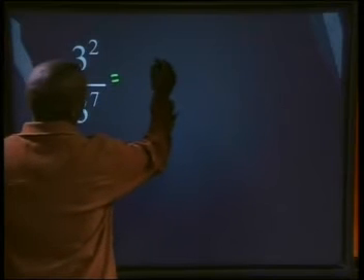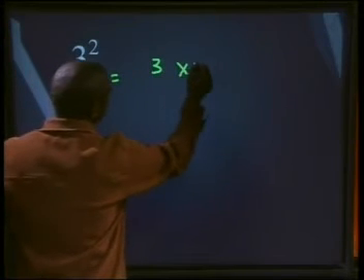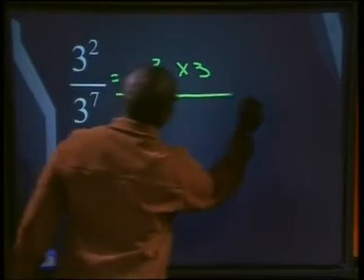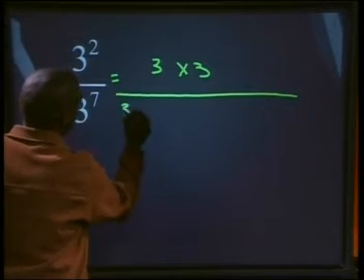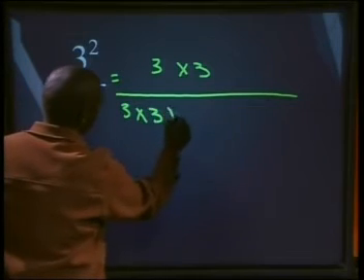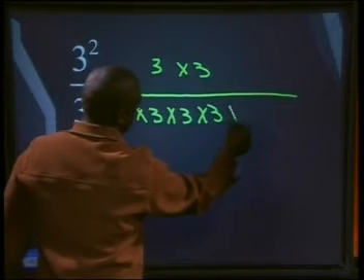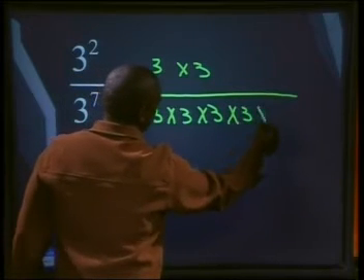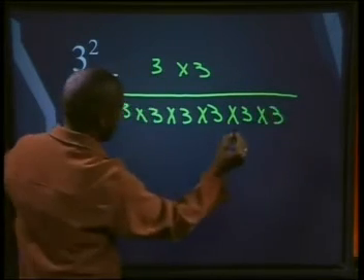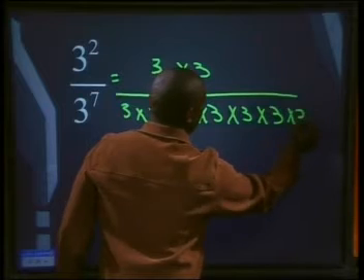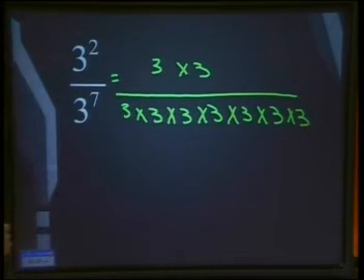we'll have 3 times 3 divided by 3 times 3 times 3 times 3 times 3 times 3 times 3, 7 times.